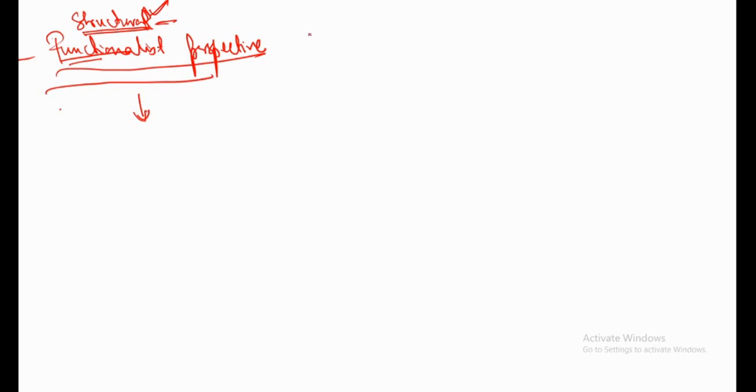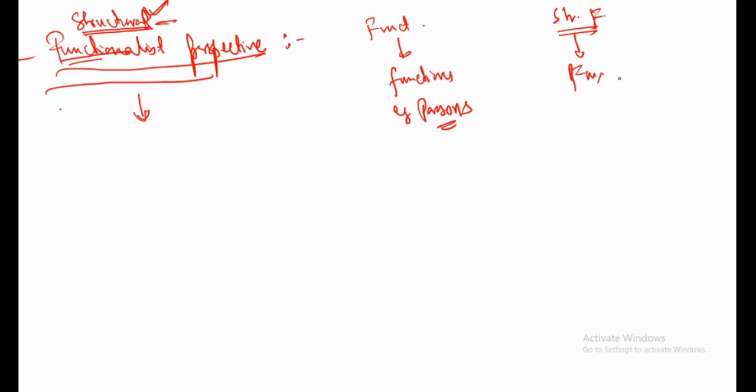Here I should differentiate between the functionalist perspective and the structural functionalist perspective. A functionalist perspective talks only about functions. For example, Talcott Parsons was a functionalist. But structural functionalists talk about functions, dysfunctions, and non-functions.